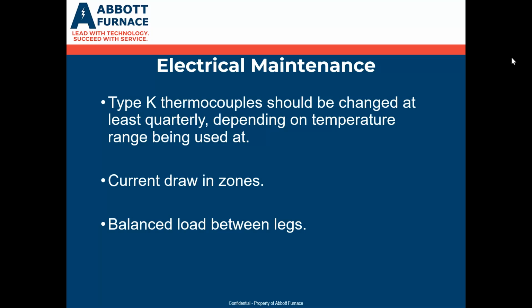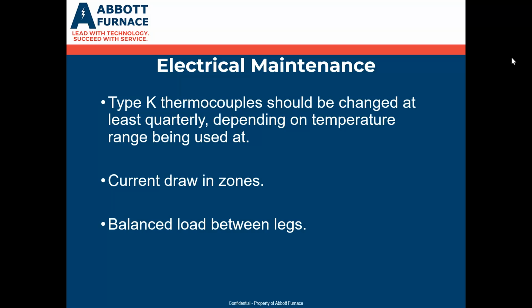Once you've checked all those and you don't find anything, it's probably time to pull a side cover off of the furnace and start checking for burnt straps, a strap touching the sidewall of the furnace, creating a short, different things like that. A lot of the times that's pretty visible. You should be able to see a burnt mark or a strap that's melted off and hanging. It may also be shorting against the wall of the zone.